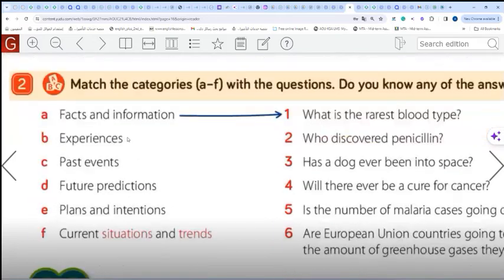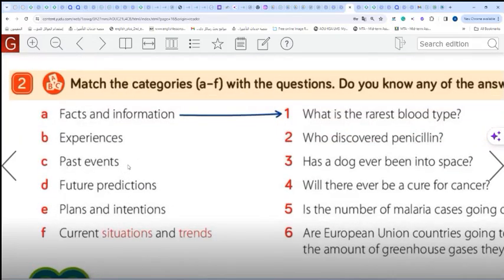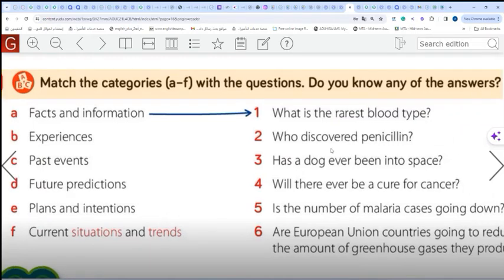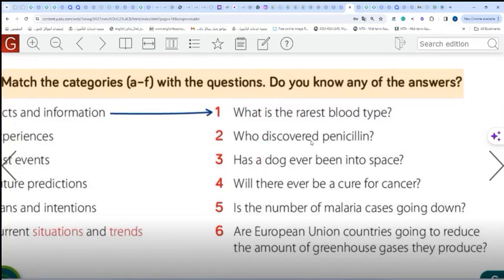Is it experiences, past events, or future predictions? So choose. Who discovered? Experiences. Okay. So which tense is this sentence in?